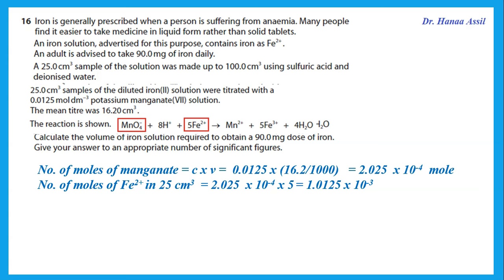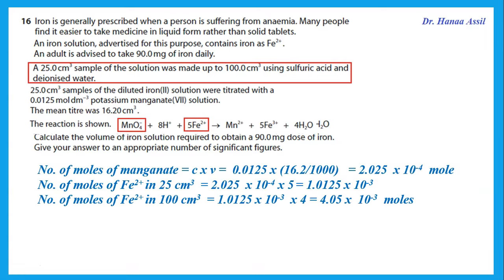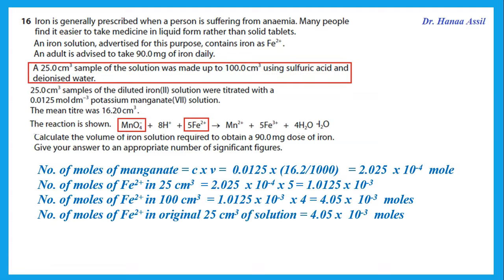But this is the number of moles of iron 2 in the 25 centimeters cubed that we titrated. Now that was taken from 100 centimeters cubed of diluted solution. So you need to get how much iron 2 was in that total 100. Instead of 25 I want 100, so multiply by 4. And that is the number of moles that were present in the original 25 centimeters cubed.